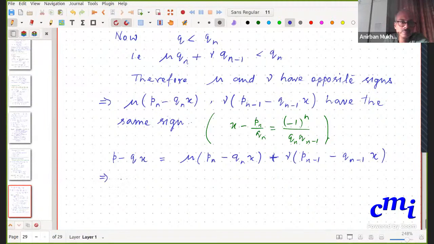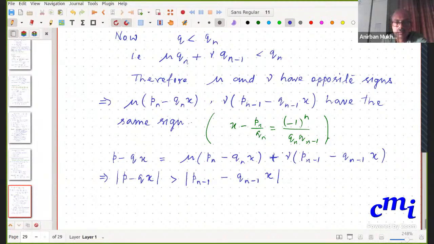Therefore, if I put absolute value, then this is greater than Pn minus 1. So these two have the same sign. So once you put absolute value, they would just add up. So therefore, this Pn minus 1 is greater than Qn minus 1x.